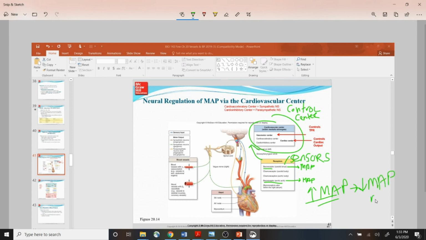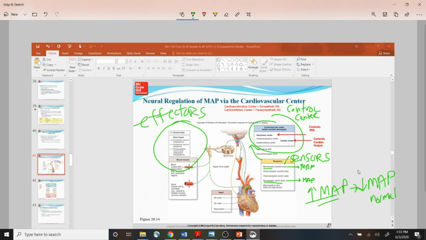This is where I would ask you in class, what would be active in that cardiovascular center? Well, the cardioinhibitory center would be active. These two wouldn't, because these two typically are going to cause the sympathetic nervous system. Remember, I also have to have effectors. My effectors are the motor output, the sympathetic nervous system and the parasympathetic nervous system, to make that opposite change.